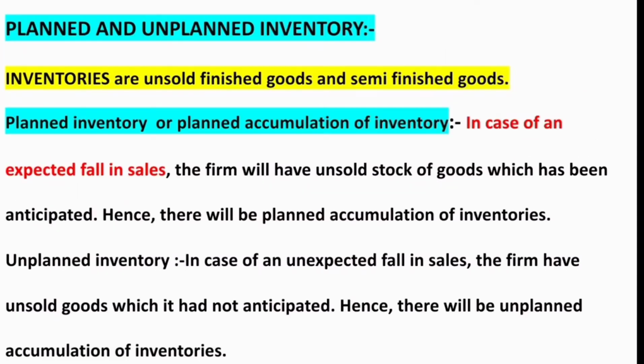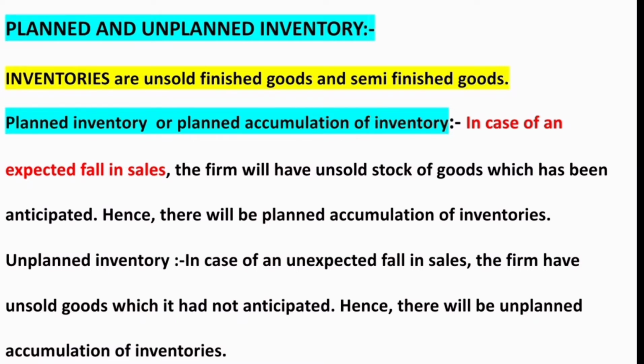Next is planned and unplanned inventory, or planned and unplanned stock of a firm. Inventories or stock means unsold finished goods and semi-finished goods with a firm. What is meant by planned inventory or planned accumulation of inventory or stock? In case of an expected fall in sales in a particular year, the firm will have unsold stock of goods which has been already anticipated.